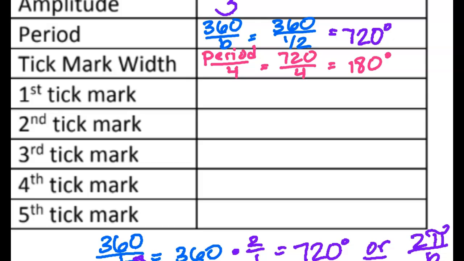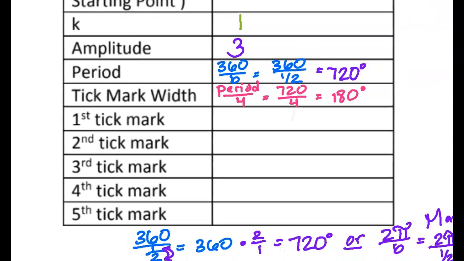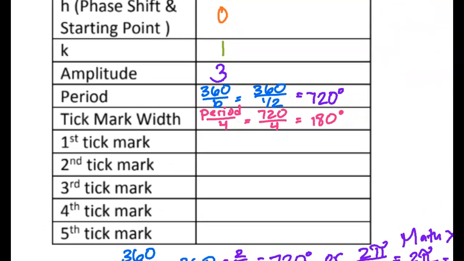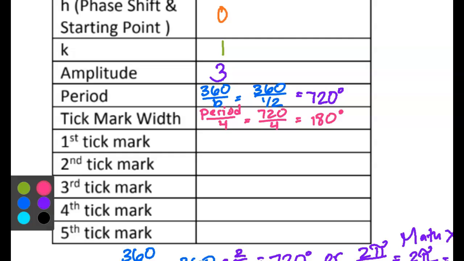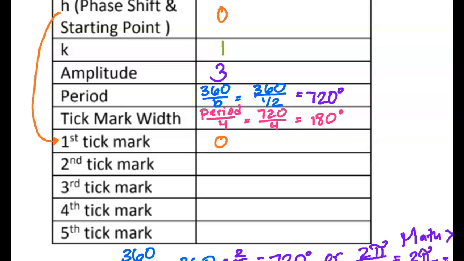Then, how do we figure out where we're starting? Yes, your H value. So if our H value is 0, it means that our starting tick mark is also 0. To get the other tick marks, you take the previous tick mark and you add the width to it.